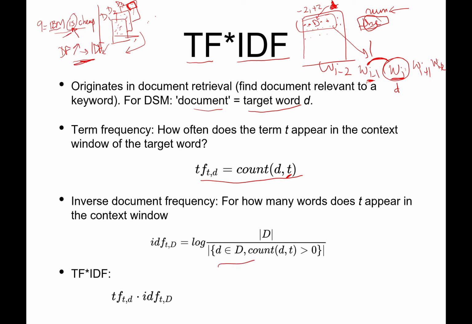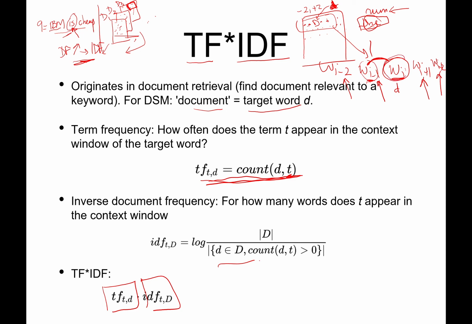So what I'm going to do is assign a weight on each one of these words before I put them in my matrix M, the distributional semantics matrix. This weight is going to be the product of TF and IDF. So first, I'm going to say how many times does this word co-occur with my target word.